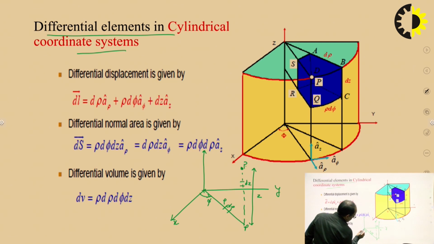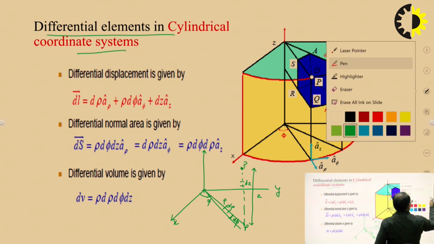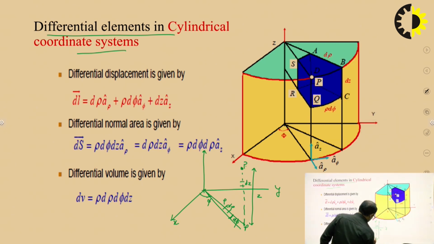And d phi will be this one. This element is d phi. Clear?